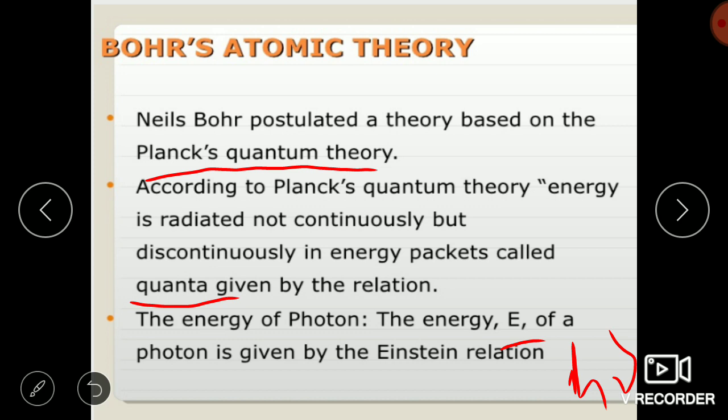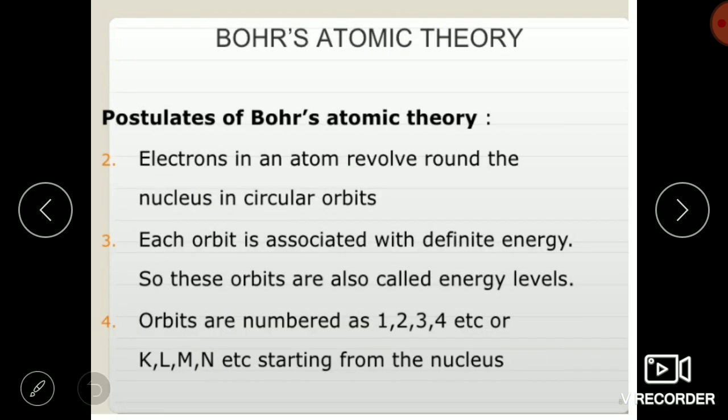The value of the energy packet is called quanta, and the value is h nu. h is the Planck's constant and nu is the frequency of the radiation. You know that light is a wave, and for a wave you get wavelength and frequency, so it becomes h nu.